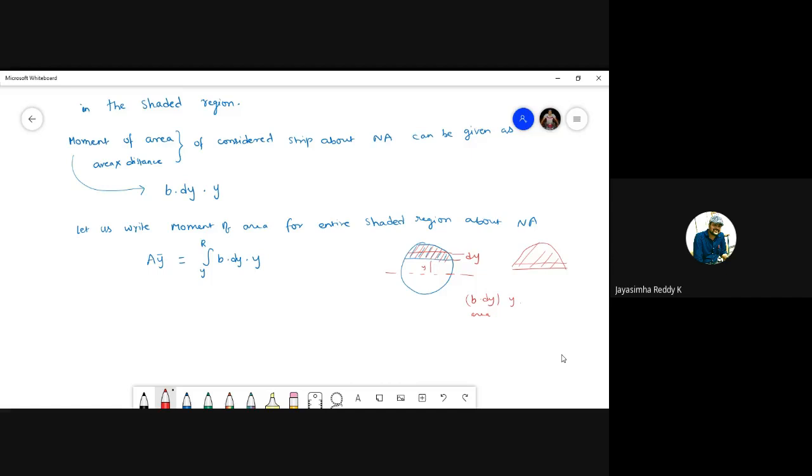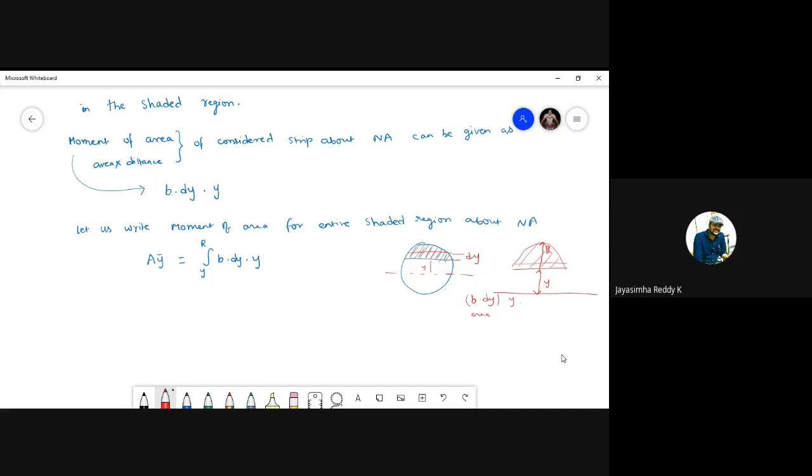So that is what I have written here, and I have applied limits y to r because, all of you see here, this area is standing at y initially, and if you go on increasing this, what does this become? This will be r, right? So that is why limits are applied as y to r.